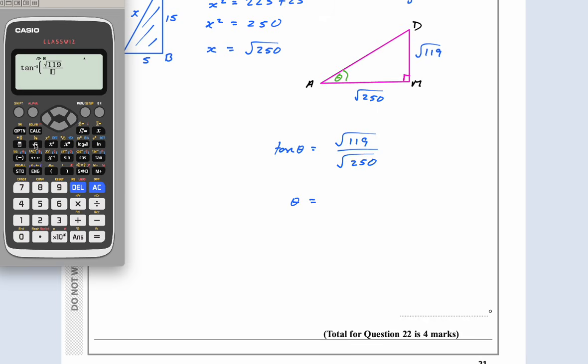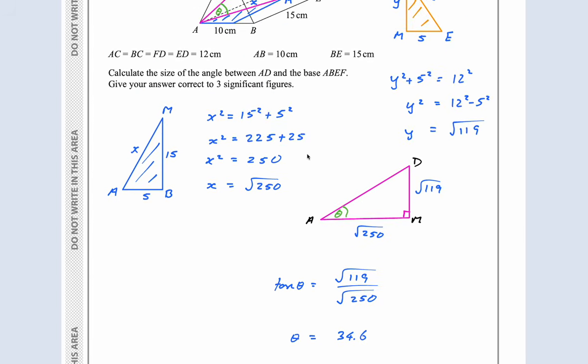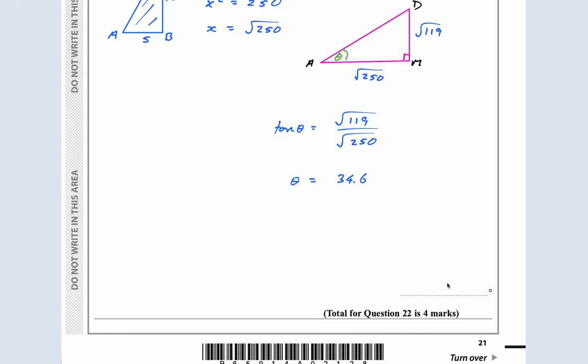You could have written these as decimals, guys, that's absolutely fine. Just don't round too much. But I prefer to just leave it like that. Close brackets, and we get 34.6028, which is right. So 34.6 to 3 significant figures.